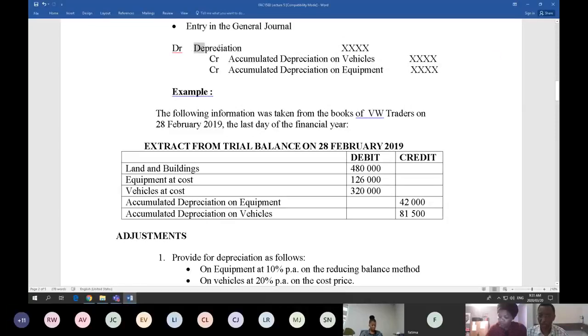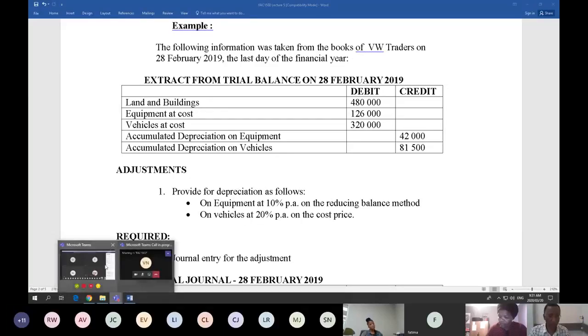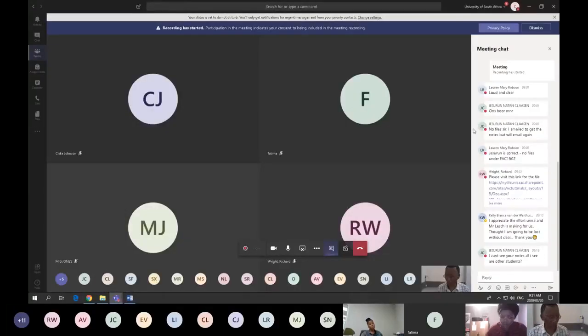You debit the depreciation account, you credit accumulated depreciation on vehicles, and you also credit accumulated depreciation on equipment. Guys, I'm going to take you through an example now on page 2. The example on page 2, guys, is just to get you into the calculation and the recording of your depreciation.